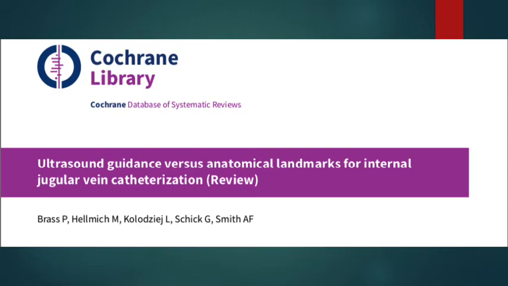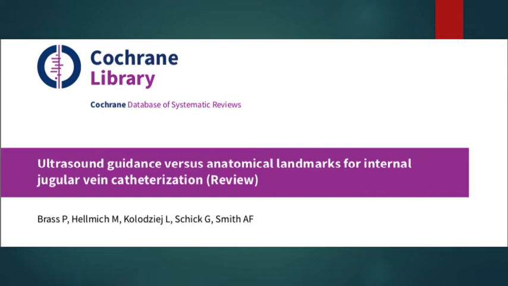Supraclavicular lines have the most evidence around them, and out of those it would be the internal jugular vein. This is a Cochrane review about internal jugular vein central line insertions, looking at traditional landmark insertion versus ultrasound guided. They separate into direct and indirect.